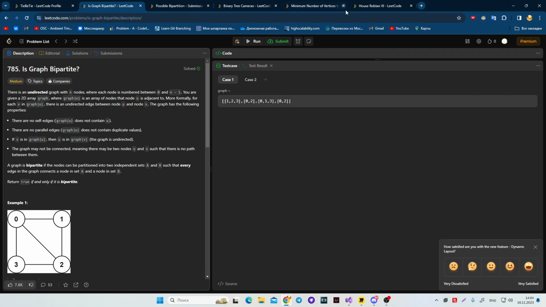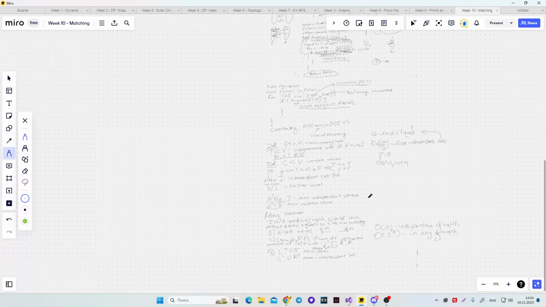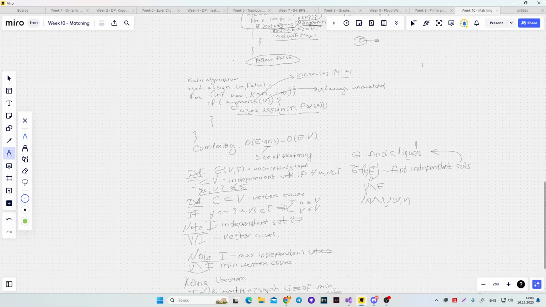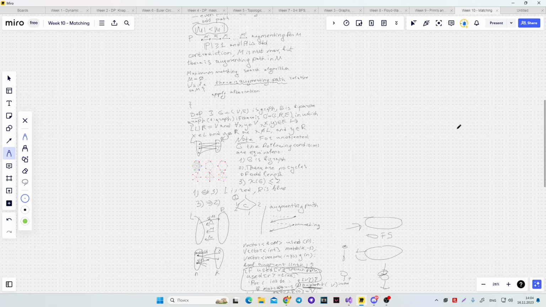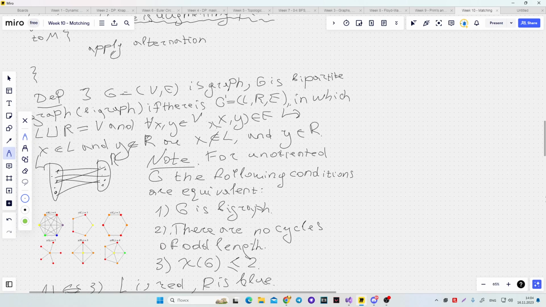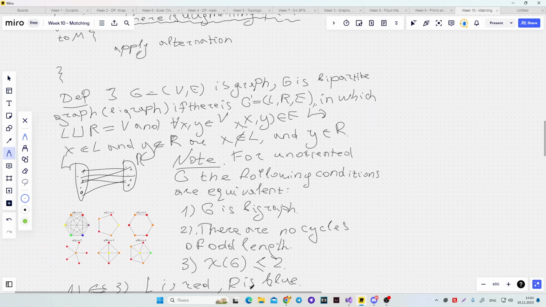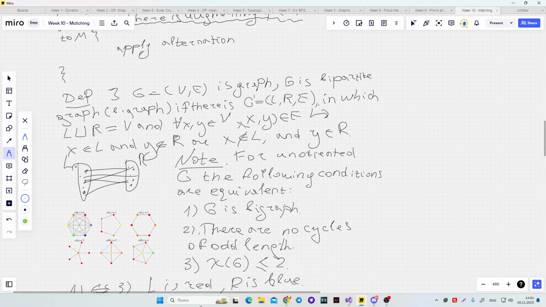What is a bipartite graph? Once again, I defined it like this. If we can divide our graph into two sets, and inside each set there are no edges, the graph is bipartite.